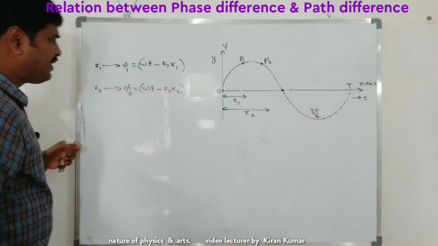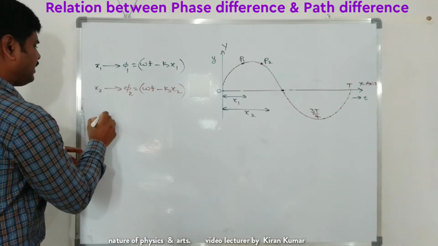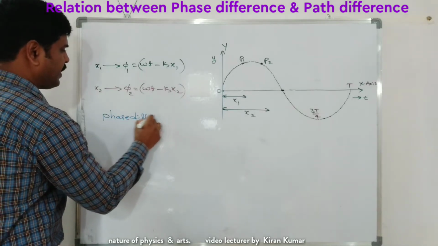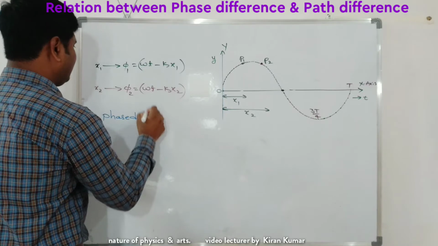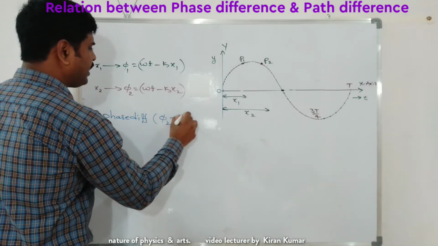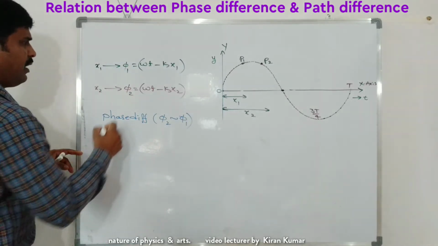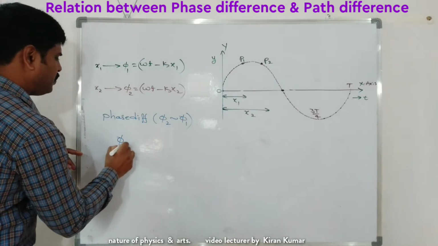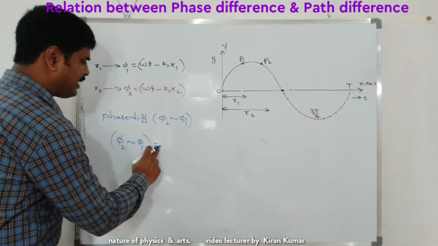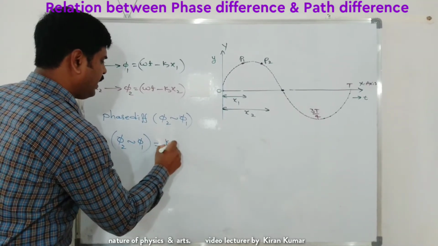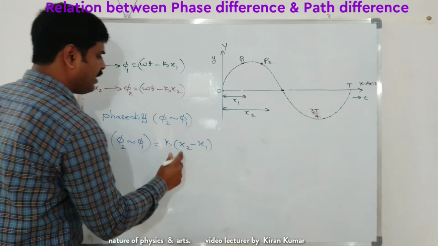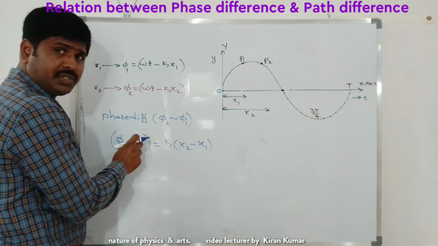Now, the path difference, phase difference relation, that is, the phase difference, which is taken as phi 2 minus phi 1, is equal to k into x2 minus x1. Here the difference is taken.